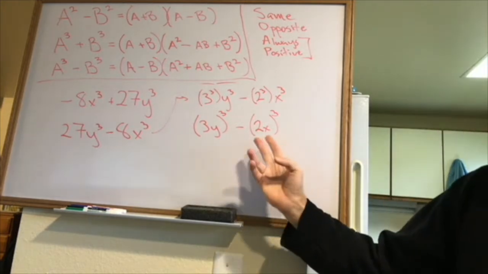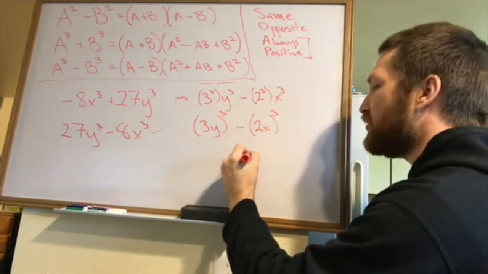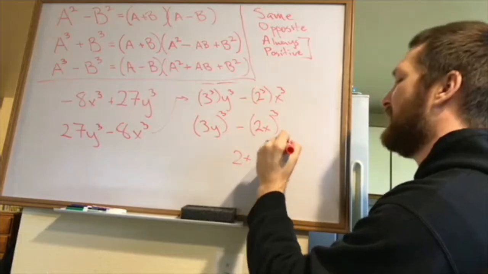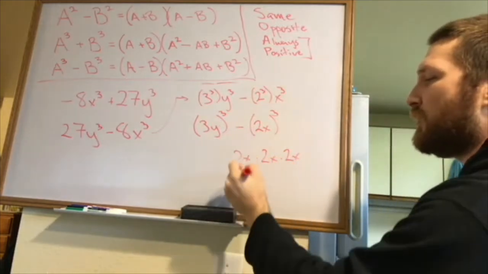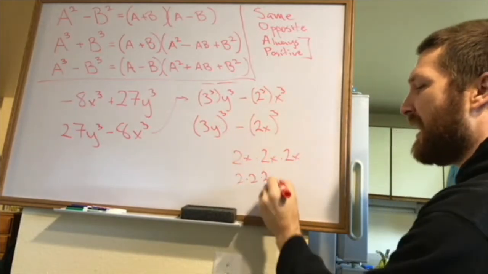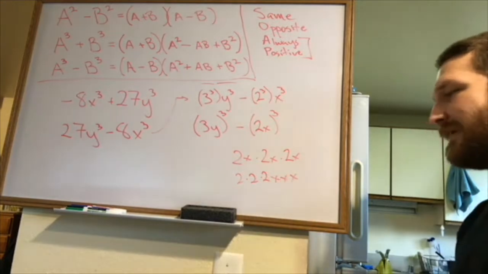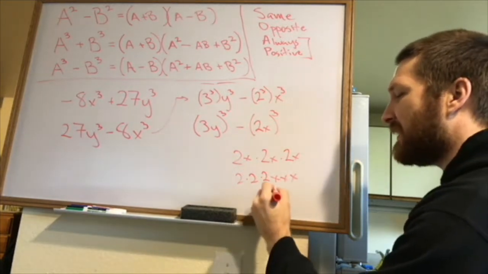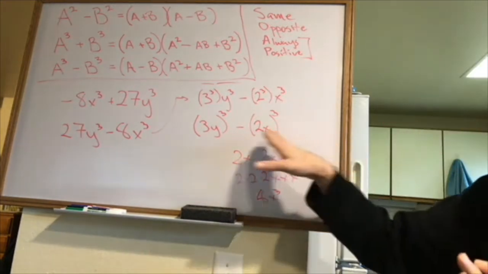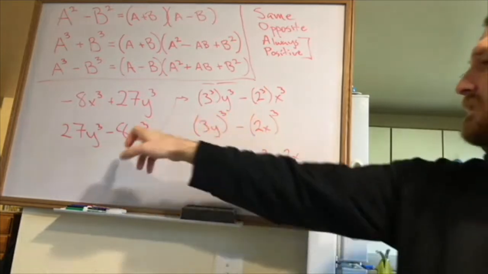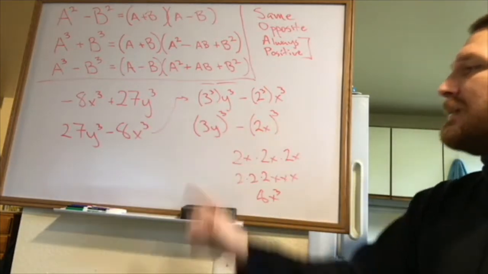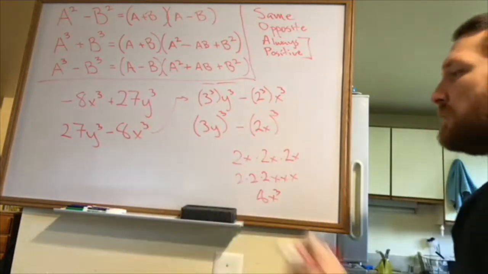If I had 2x cubed, it would be the same as 2x times 2x times 2x. Those 2's would all come together, those x's would all come together, and I would have 8x cubed. So I feel confident about that. I haven't changed it. It's still the same thing. Ditto with the 3y cubed.